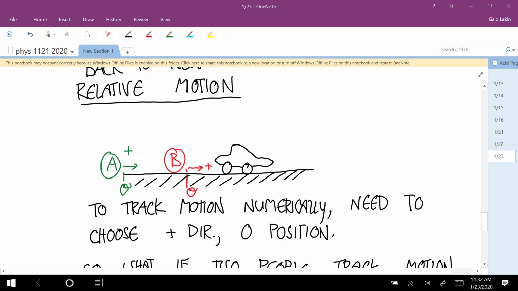What's the number? It should be 15, okay? So it's saying that the position of the car observed by A should be equal to the position of the car observed by B. What's that number? 5, plus the position of B observed by A. What's that number? 10. So it makes sense that that works out, right?